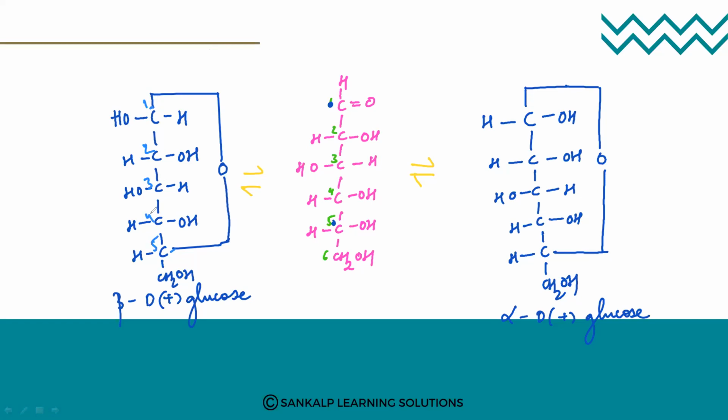These are the two cyclic forms of glucose, and they differ only in the configuration at the C1 carbon. You can see the change is only at the C1 carbon.